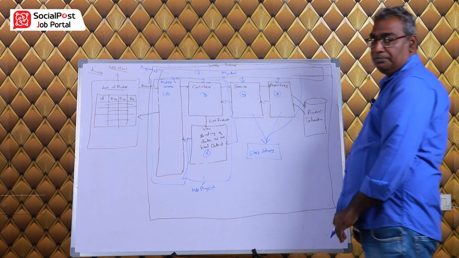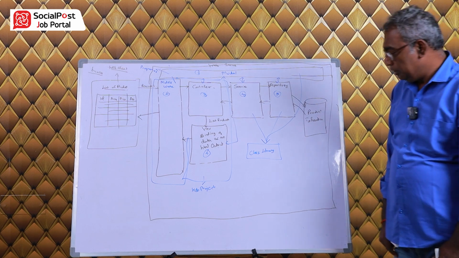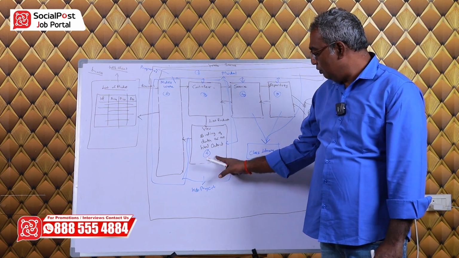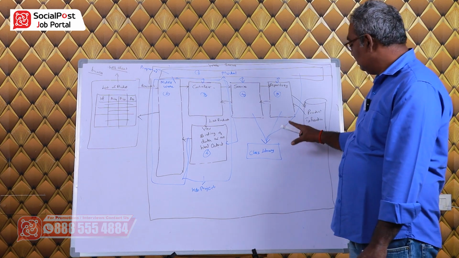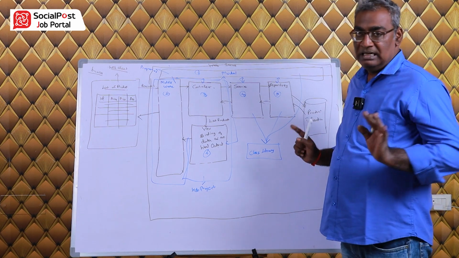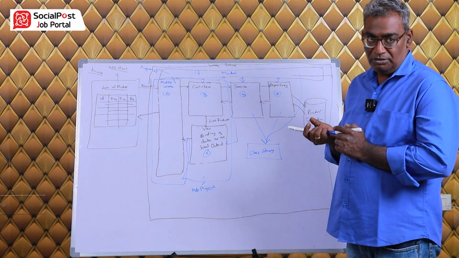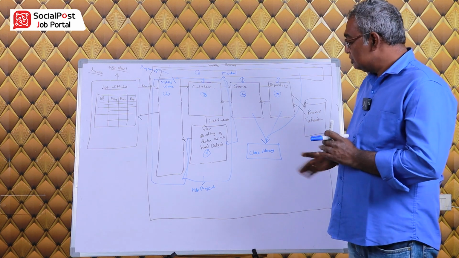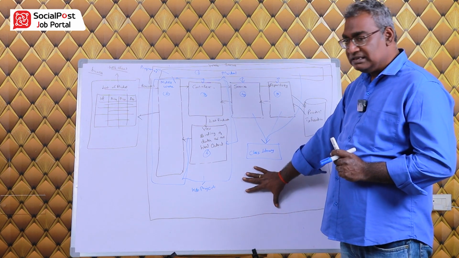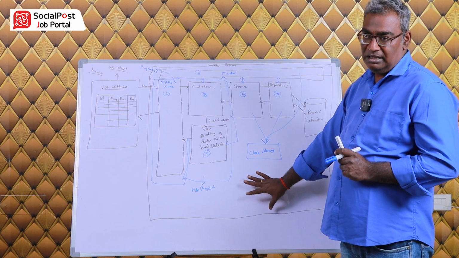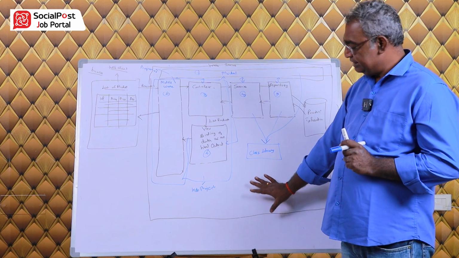So 1, 2, 3 are considered web projects, and these three will be considered class library projects. This is the typical way you are going to create projects in your ASP.NET Visual Studio application.